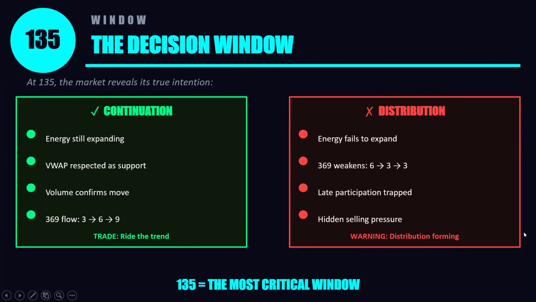Apart from that, my another indicator has been merged into this under the time window: the 369 energy flow. Those labels will come on the chart. You will get to know whether this is blasting or not, whether 3 to 6, 6 to 9 is happening or not.